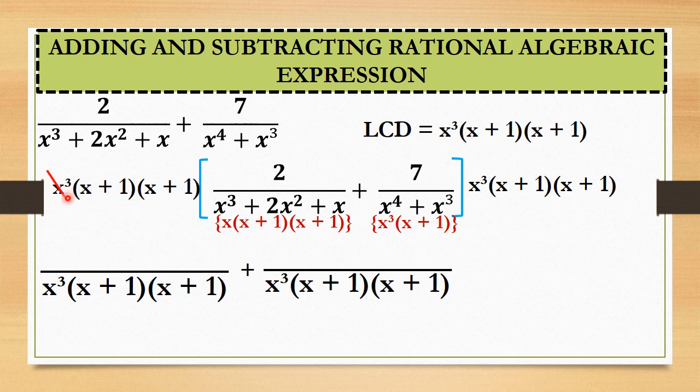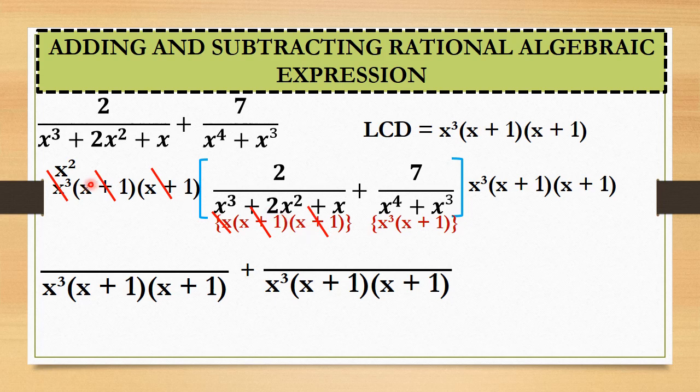So, dito sa left side ng expression, makakancel yung x cubed at saka yung x. Then, yung exponent 3 minus 1, so meron pa ditong x squared. Then, x plus 1, makakancel din yung x plus 1. Also, x plus 1 and x plus 1.